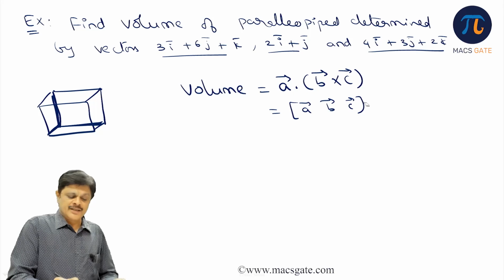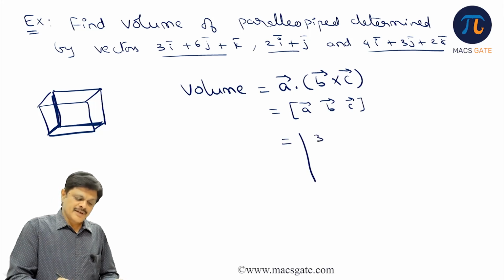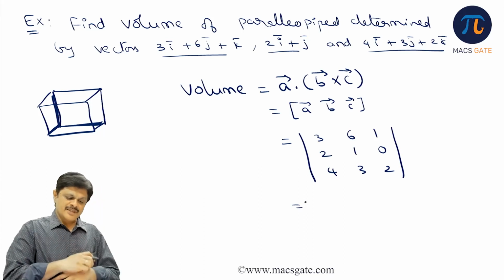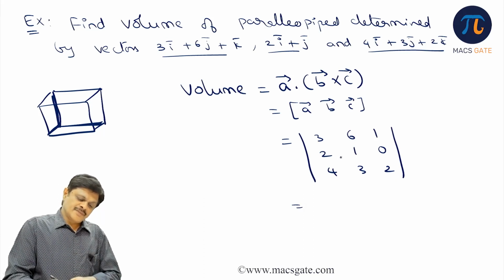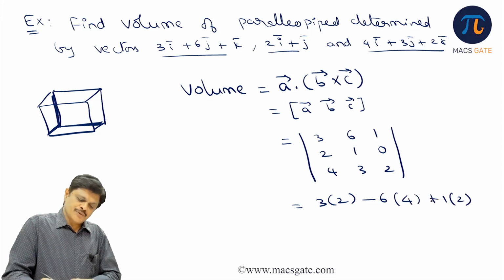Just find the determinant of this 3 by 3 matrix. What is it, sir? 3, 6, 1, 2, 1, 0, 4, 3, 2. So what happens? This would be 3 into 2 minus 0, minus 6 into 4, plus 1 into 6 minus 4, that is 2.